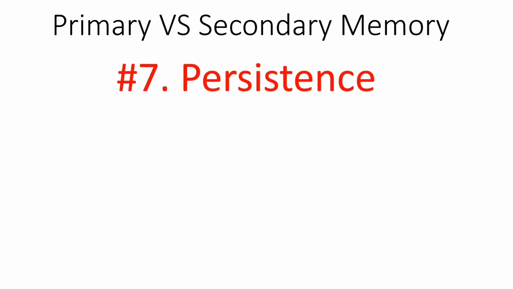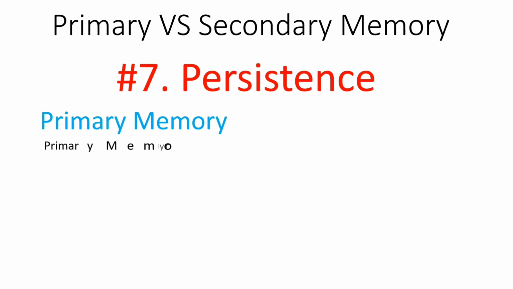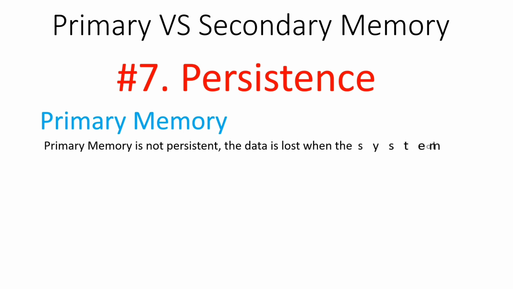Now let me tell you about the persistence of these memories. Primary memory is not persistent. It means the data is lost when the system loses power. When we turn off our computer system, whatever data is stored in the primary memory will be deleted or lost.